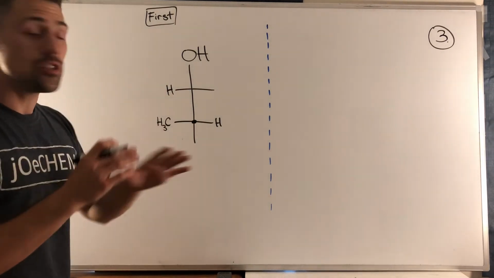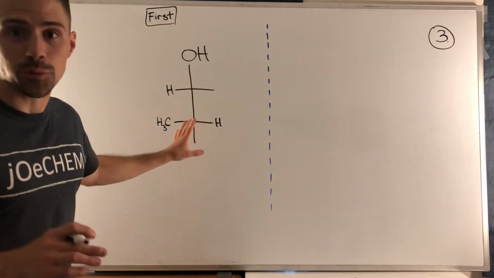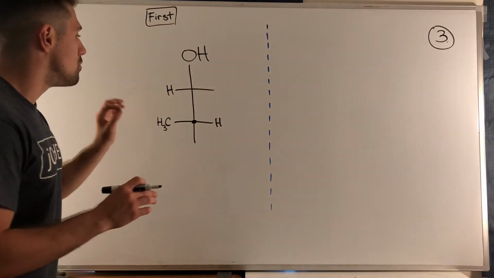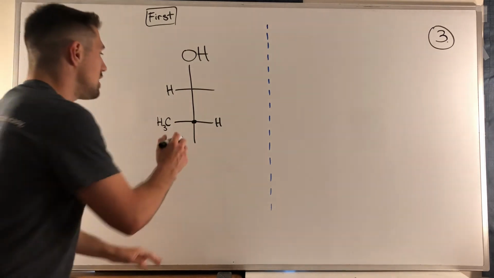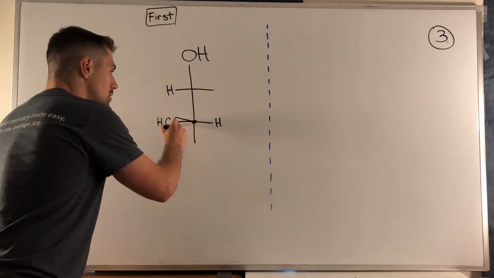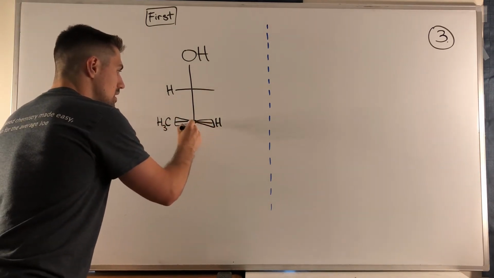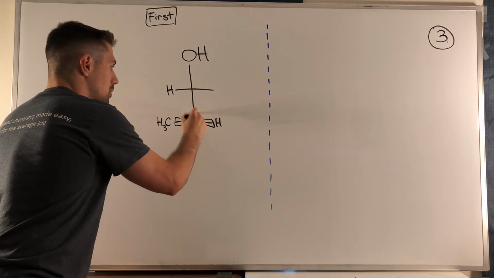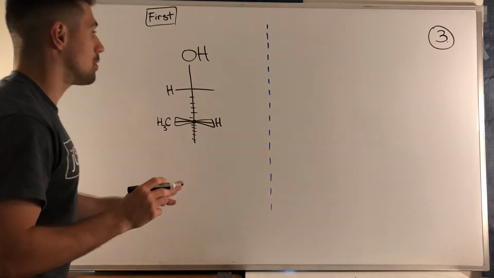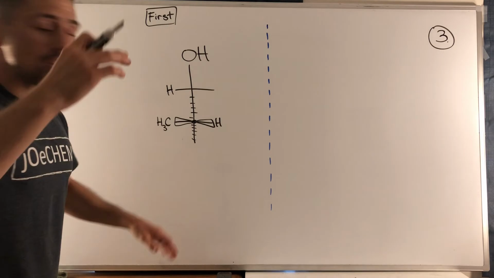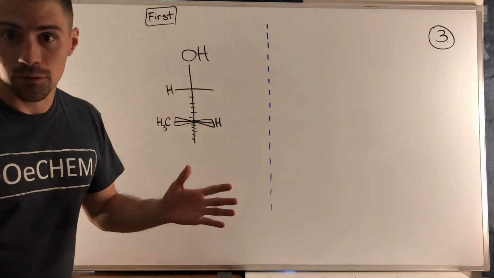And remember, what I like to do is start at the bottom, from the Fischer projection to the bond line. Now, don't forget, these are facing towards you. These are going away from you. So we are kind of looking at this from a bird's eye view right now.